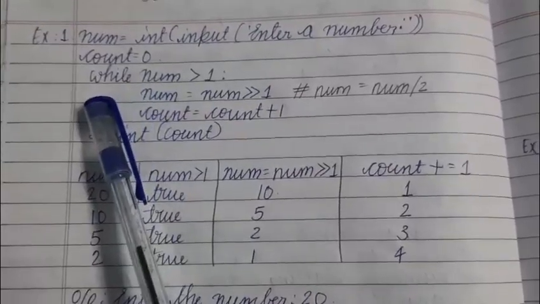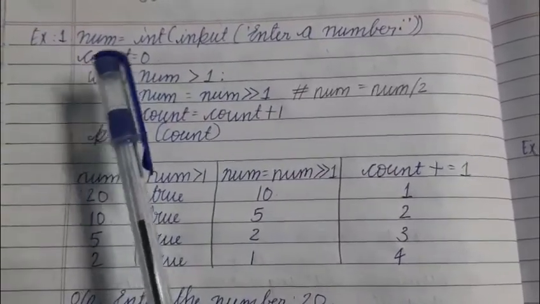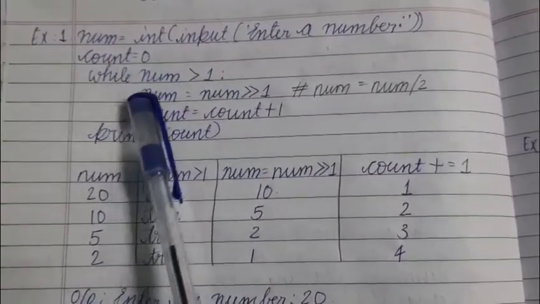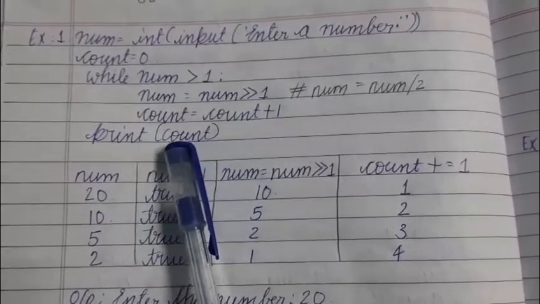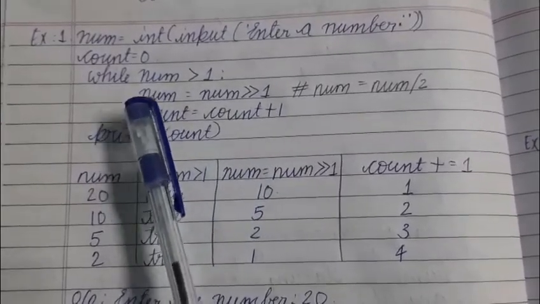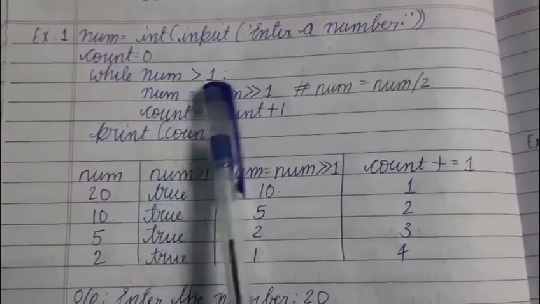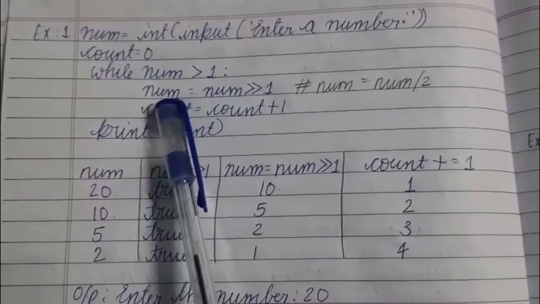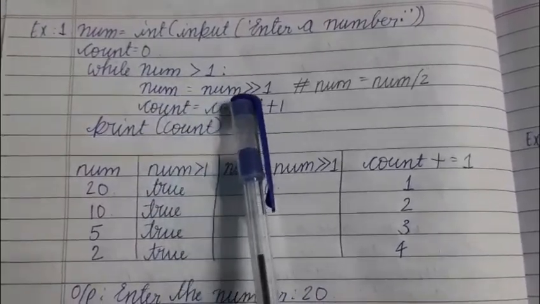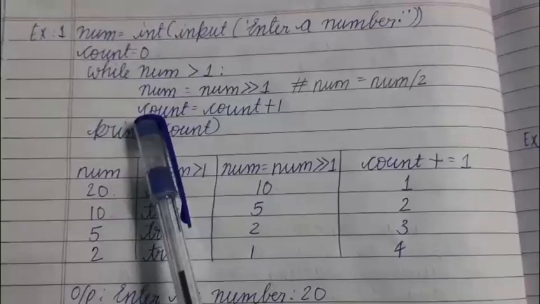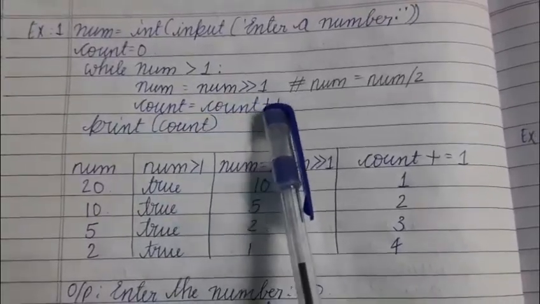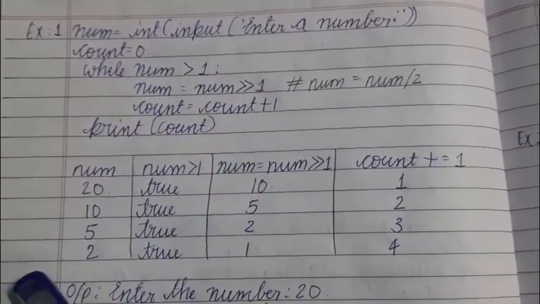Again remember the working of the while loop. As long as the condition is true, the statements inside the while loop will be executed. So here the condition is num greater than 1, and the statements inside are num equal to num right shift 1, and then count equal to count plus 1. What is num?